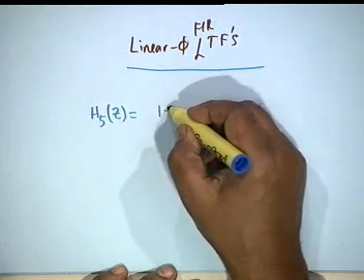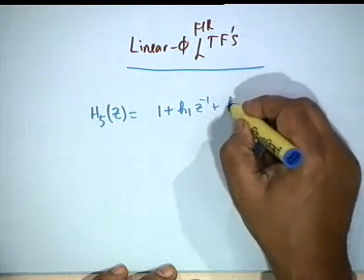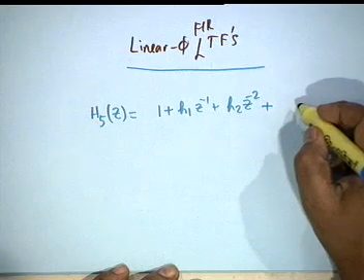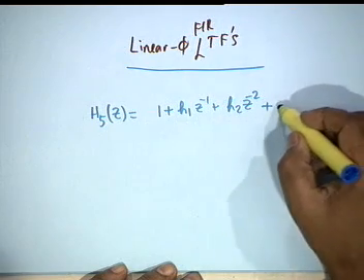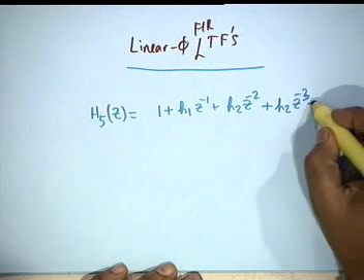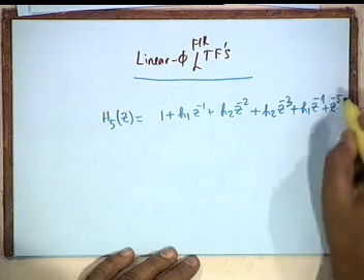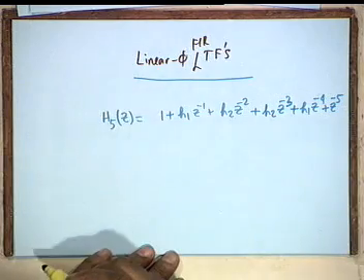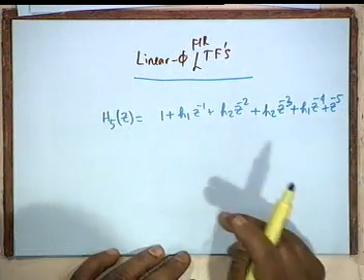H5(z) is equal to 1 plus H1 z inverse plus H2 z to the minus 2 plus, the length is 6, 1, 2, 3, H2 z to the minus 2, 3 plus H1 z to the minus 4 plus z to the minus 5. And you see, in order to derive H4 from it, we shall not go according to K5 equal to 1.